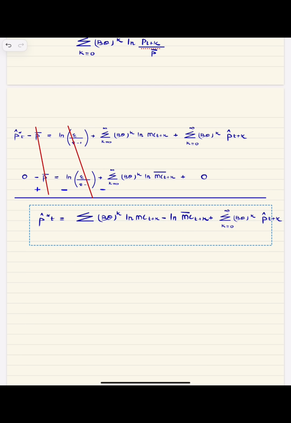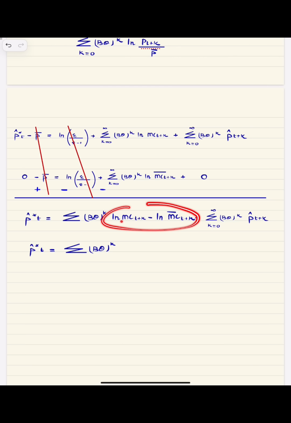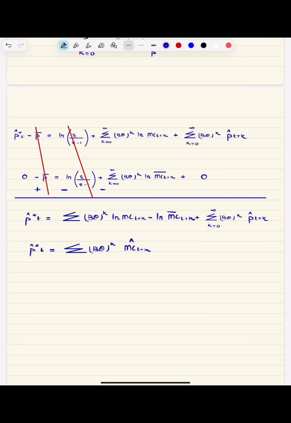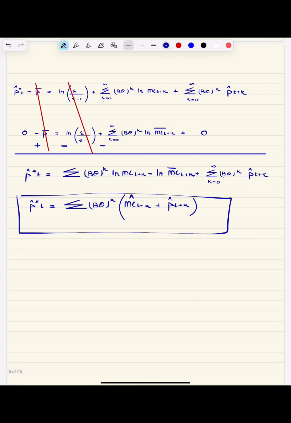Now we have p hat star t equals the summation beta theta k. Remember, this is the deviation of marginal cost from its steady state, so that's simply mc t plus k hat, because that's the deviation. They have the same coefficient, so we can just write this as plus p hat t plus k, and voila, we are ready.